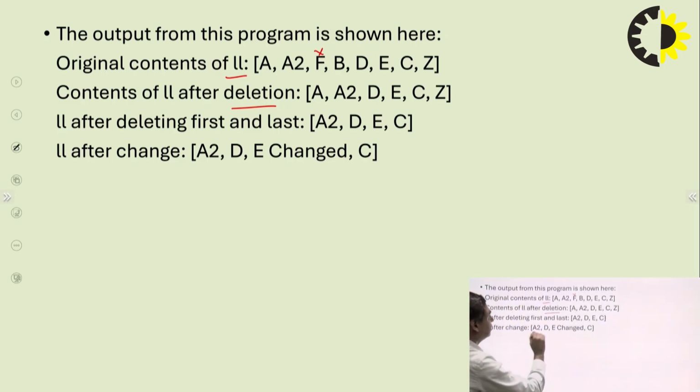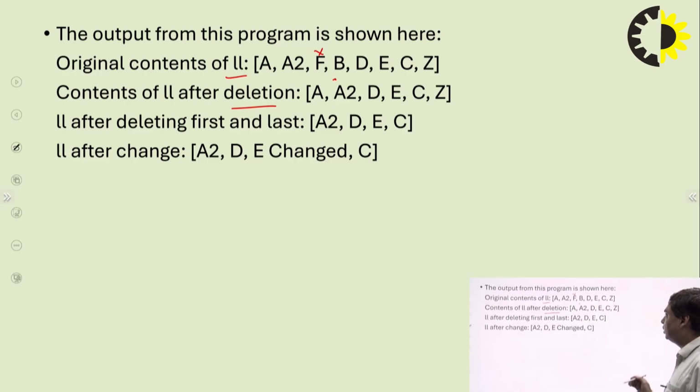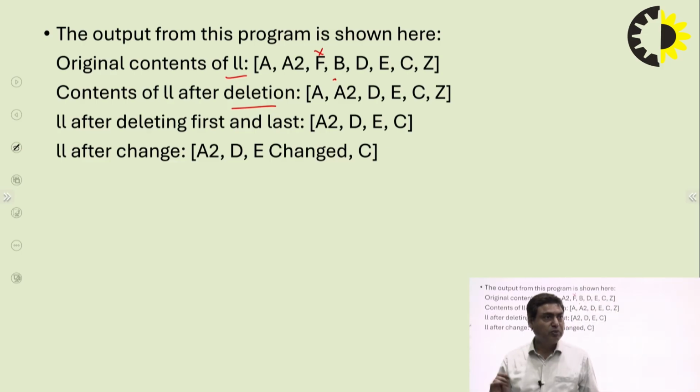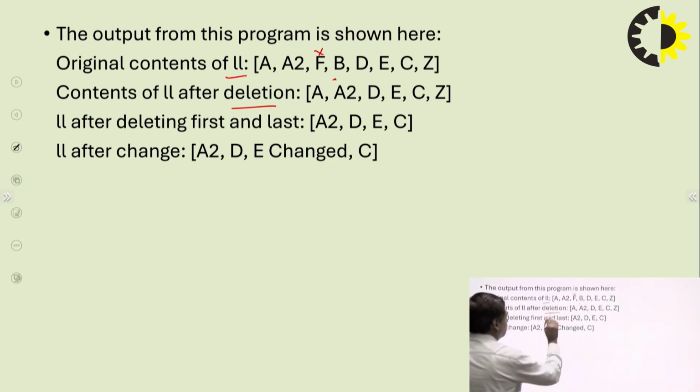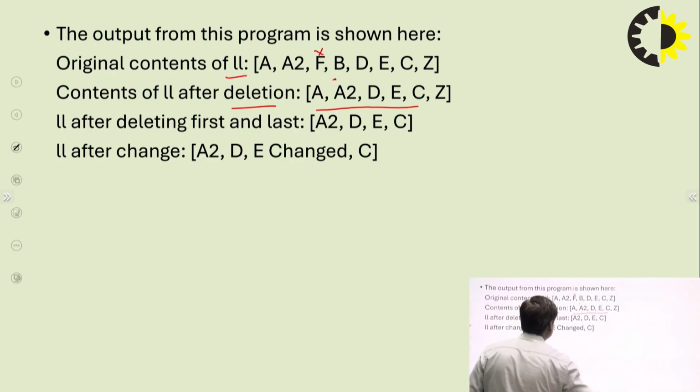Then B, you can see B is deleted here. So, when you delete the F, B will be at position number 2. So, when we remove 2, it is deleting the content B, because after deletion of F, B will be at position number 2. So, after the deletion of 2 values, this is the node of the linked list.